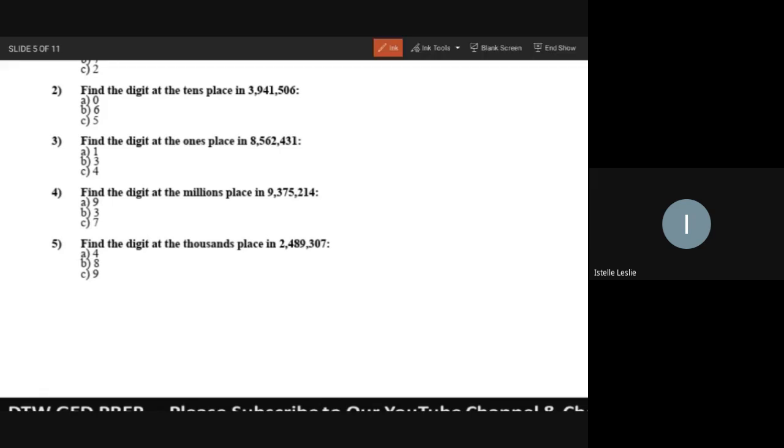Okay. So let's try to do it. I can see your answers. So if we rewrite it, just so that it will be clear enough. So 7 is at the ones position, tens position, 100 position, and 1000 position.